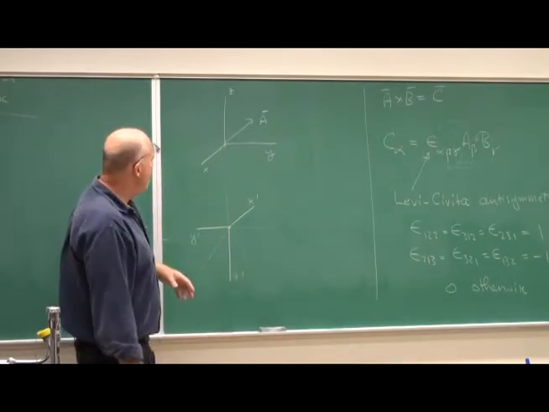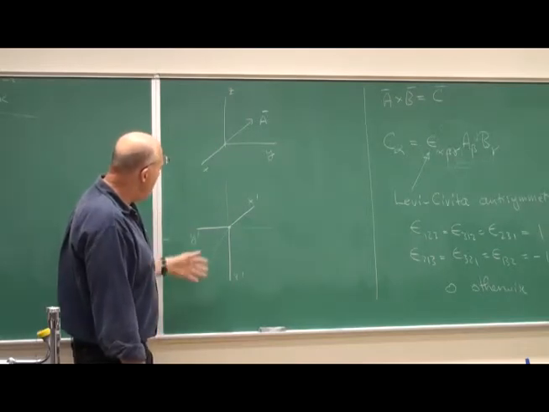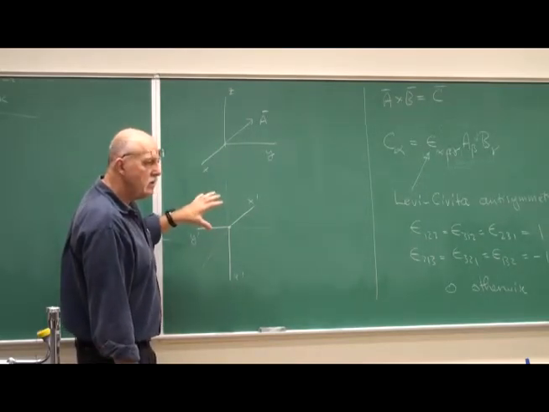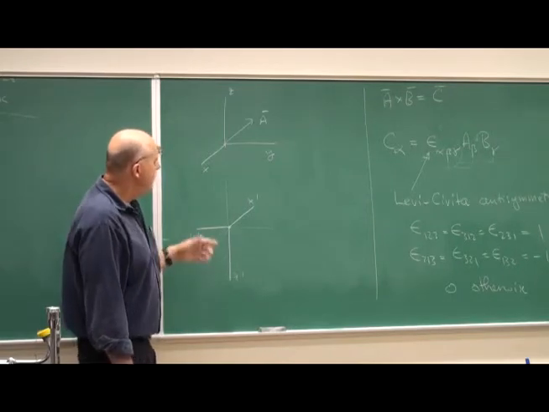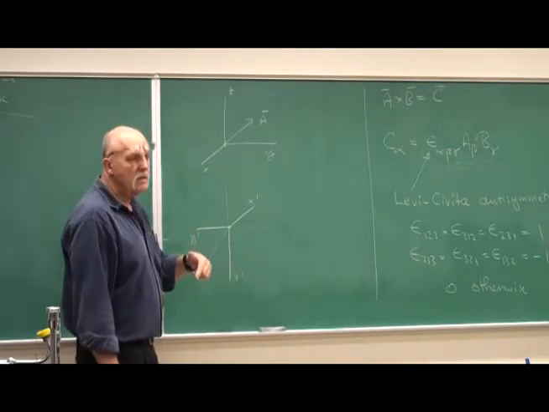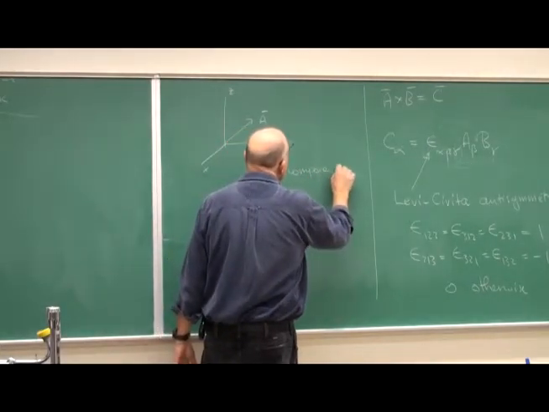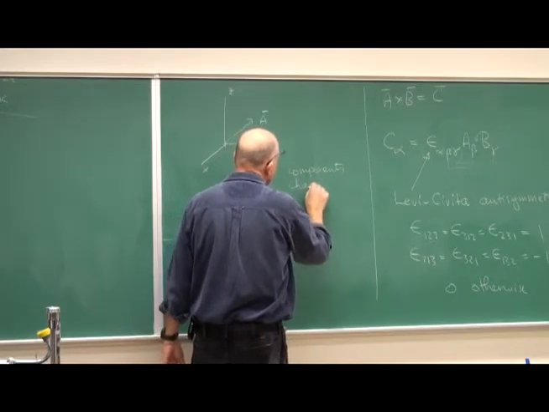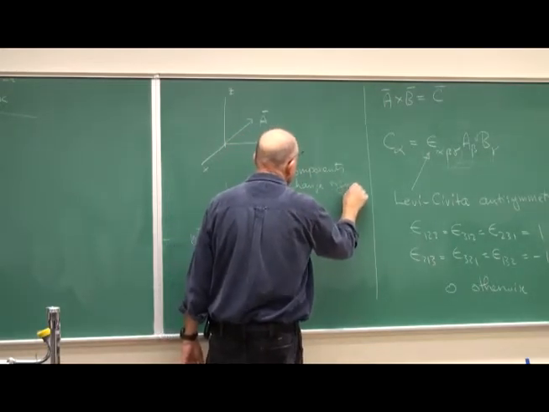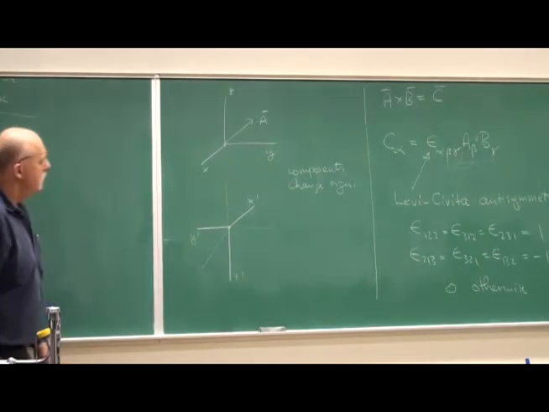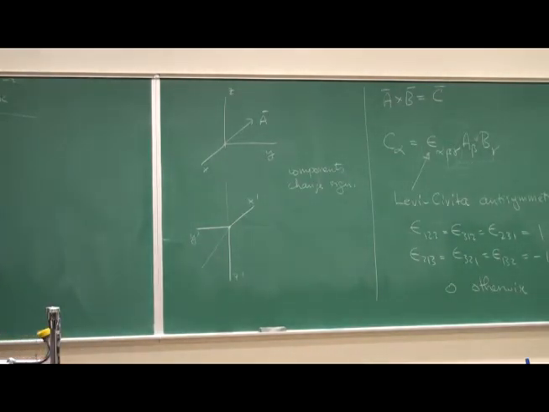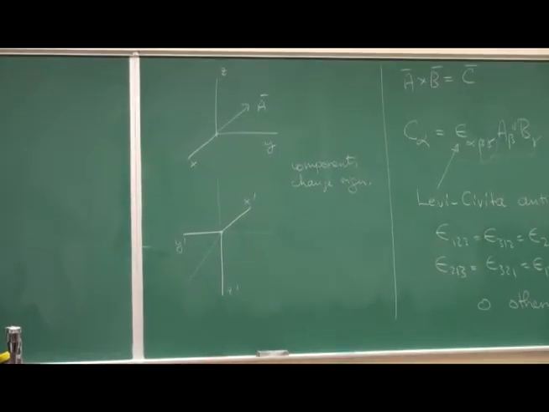So if I have a vector and I have this inversion of the coordinate system, then the components will change sign. Right? So it's minus identity. Components all change sign. All right. So if I have inversion, the components of a vector change sign.